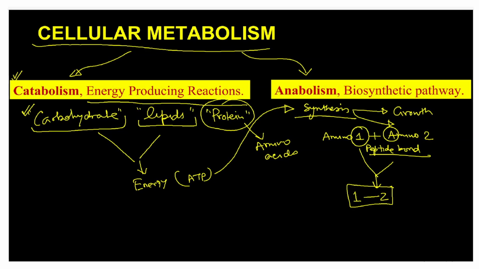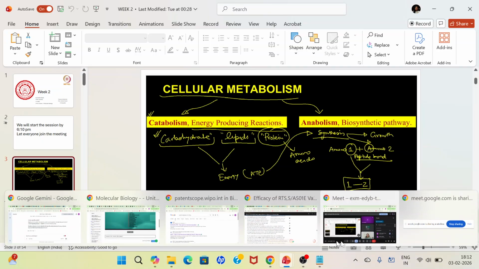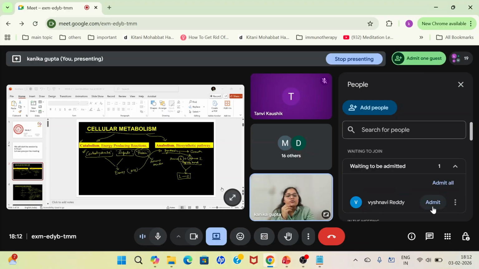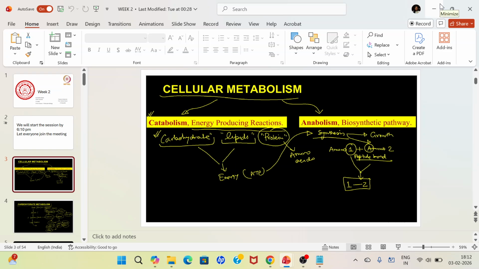Catabolism is basically the degradation, or we can say the formation of simpler forms of complex biomolecules, so that they can be further used to generate energy from that molecule. This kind of reaction is called catabolism.